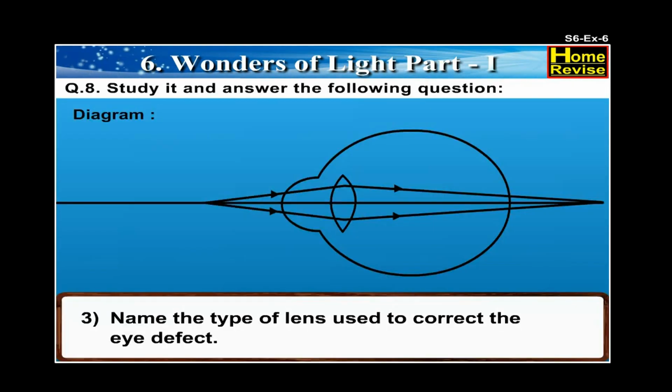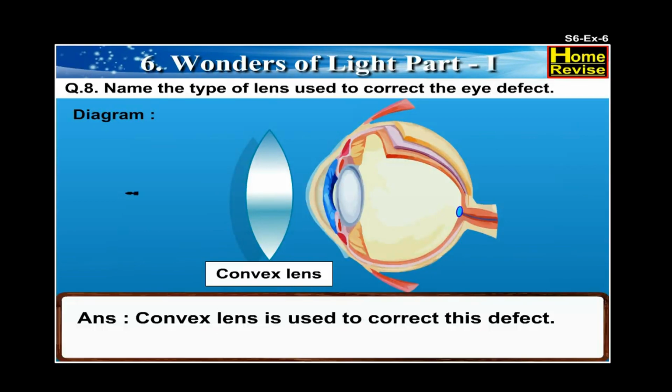3. Name the type of lens used to correct the eye defect. Answer. A convex lens is used to correct this defect.